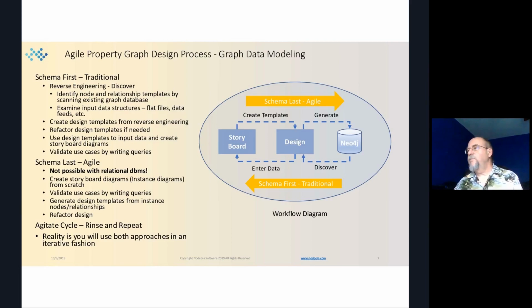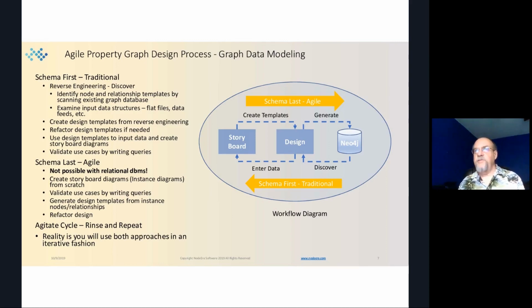All right, so that's the process in kind of a linear fashion. So let's take a little bit of a deeper look at it now. There's really two flows that you can go through this. The first is the traditional schema first approach, and that's this bottom arrow down here. This is where you almost always are starting with an existing database or existing Neo4j graph.